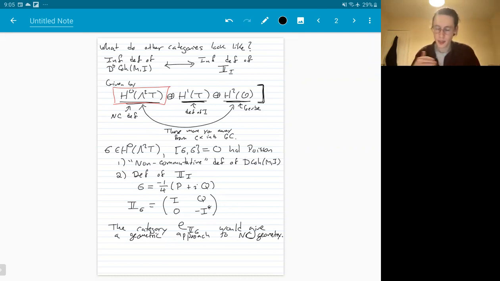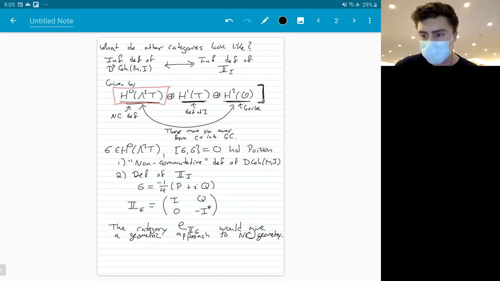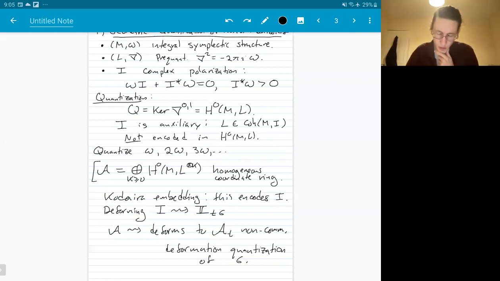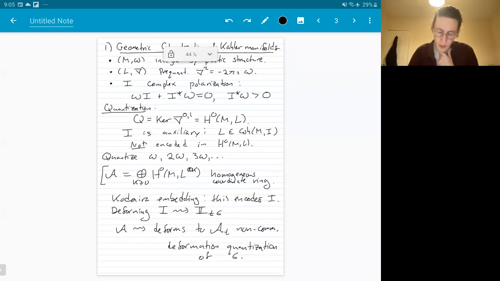So we should expect that the deformation of the homogeneous coordinate ring given in this way should be the deformation quantization. Right. It's just not formal here, which is nice. Yeah, so that's one of the things that we want to do, for more complicated Poisson structures, find a more geometric way of constructing a lot of these interesting algebras that people find. Okay. Thanks.